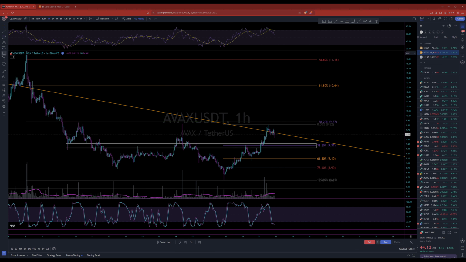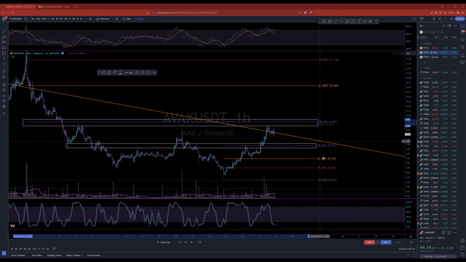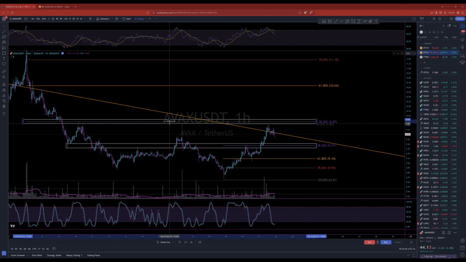Oh, look at that. Interesting. Rejected off of that area. So now we're in between a local and an even smaller local. I don't know what you want to call that, but that's why I don't like having those trend lines, because it becomes too many lines.